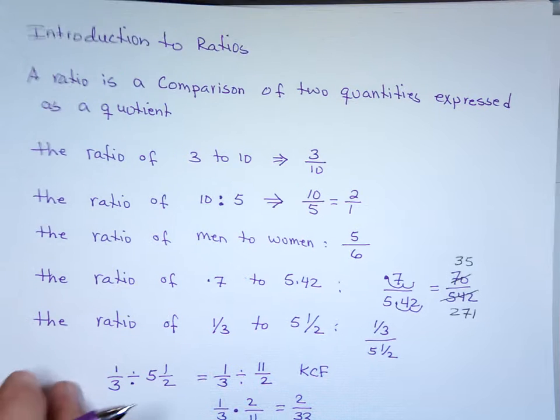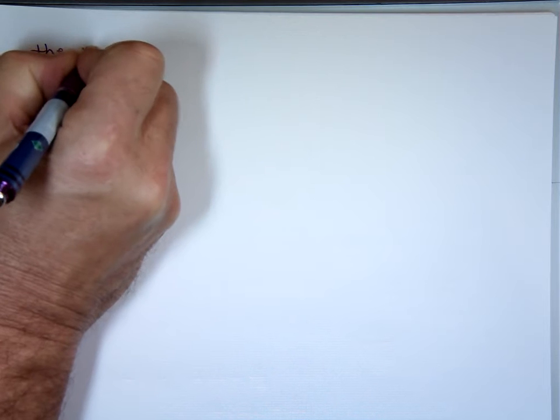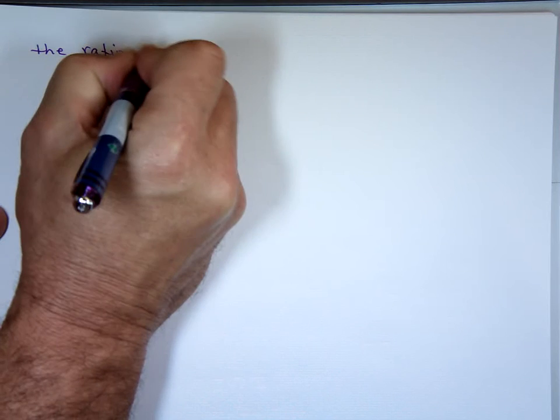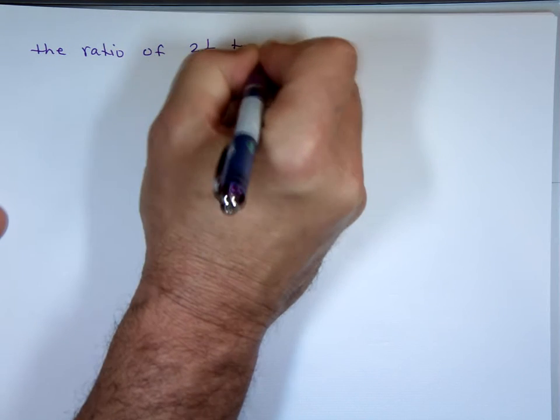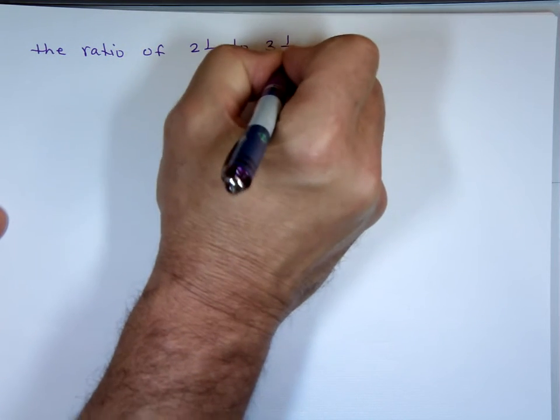I'll do another one. Are you paying attention? No, no. Pay attention. The ratio of 2 1/7 to 3 1/4. Again, I keep bringing fractions.